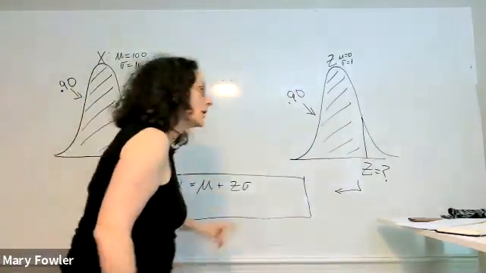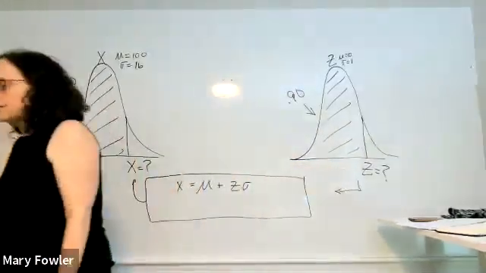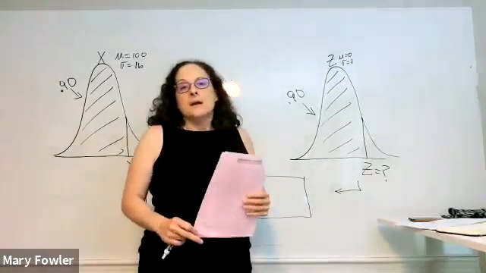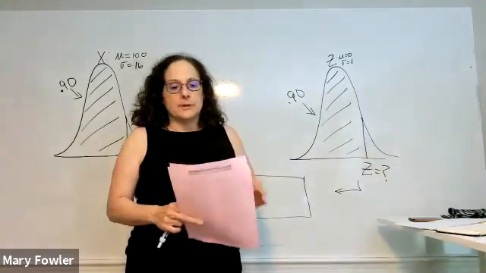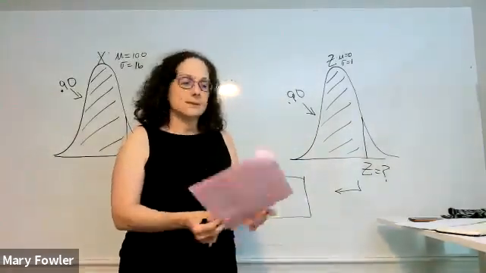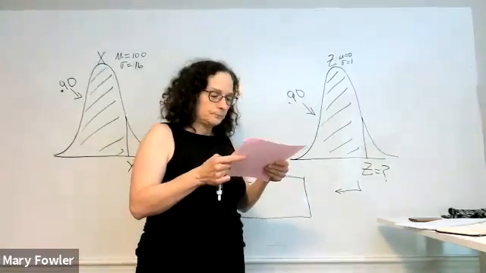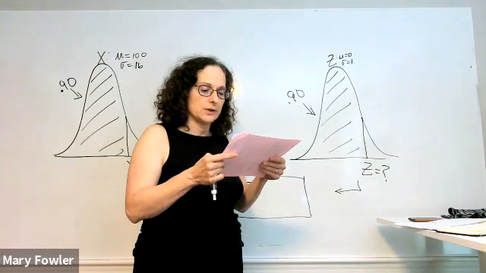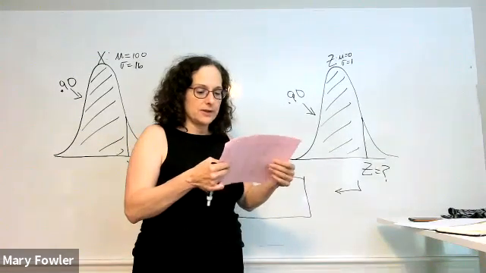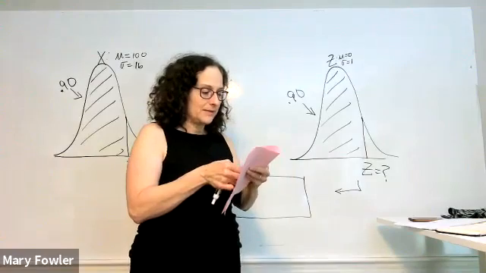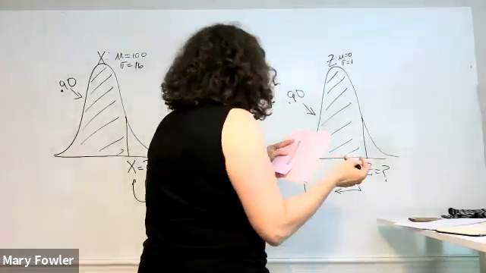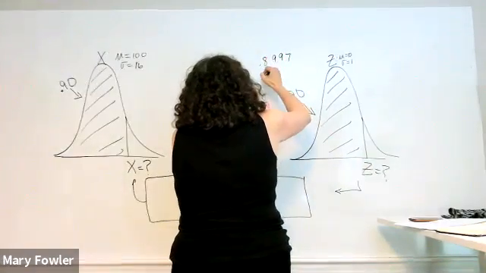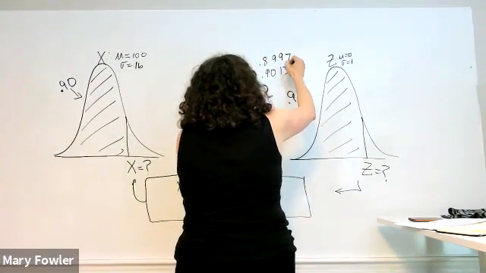Okay, so let's get to work. Let's find the z-score that has the property that 90% of the area is to the left of it. So we're going to do an indirect lookup for 0.90 in the table, looking for two values that straddle 0.90. I see values that we ran into last time we were in class: 0.8997 and 0.9015.